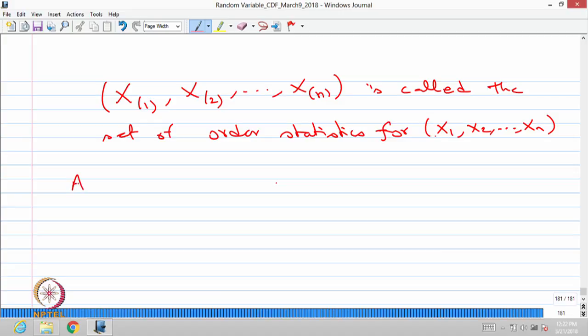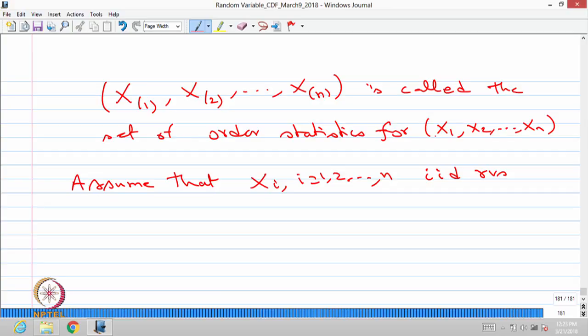We will go for some important results on order statistics. For that, I am going to assume that the random variables xi, i equal to 1 to n, are IID random variables. We have already given the definition of IID. That means each random variable has the same distribution and all the random variables are mutually independent.